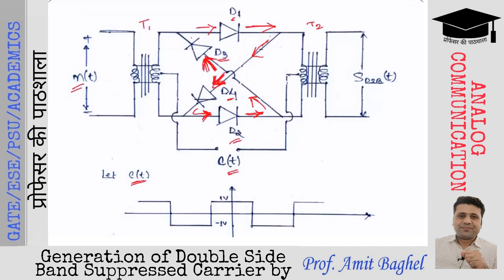So we have a fundamental frequency which is same as in the previous case, which was fc, but चूंकि स्क्वायर वेवफॉर्म है तो यहां पर आउटपुट पर मैथमेटिकल एक्सप्रेशन में c(t) के आपको फंडामेंटल फ्रीक्वेंसी के साथ साथ फंडामेंटल फ्रीक्वेंसी के हार्मोनिक्स भी मिलने वाले हैं. So c(t) is a multitone carrier signal.